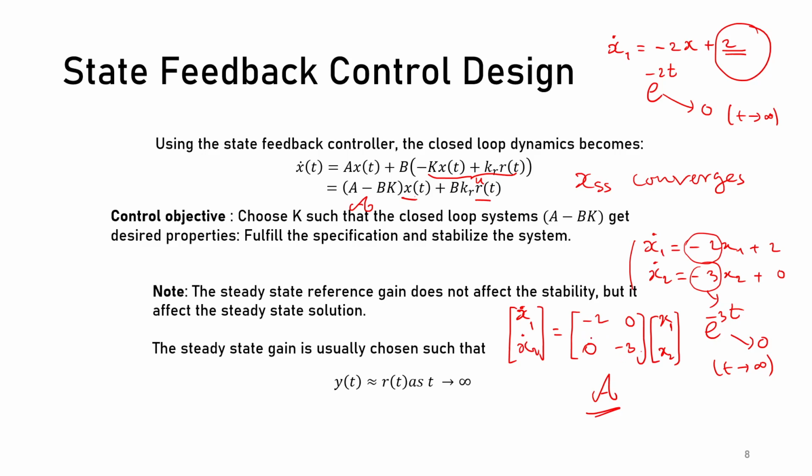What if A is not a diagonal matrix? Let's say you have this value, this is not 0. Let's say you have 1, 2, minus 2, 1. No, maybe 1 here, 1 here, like this.